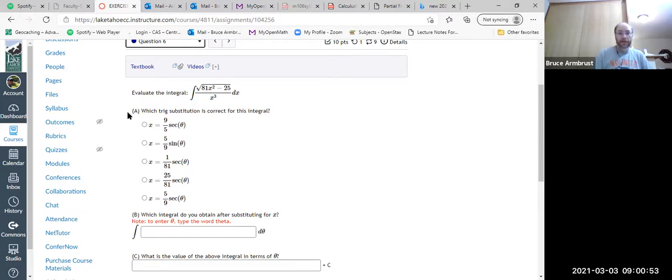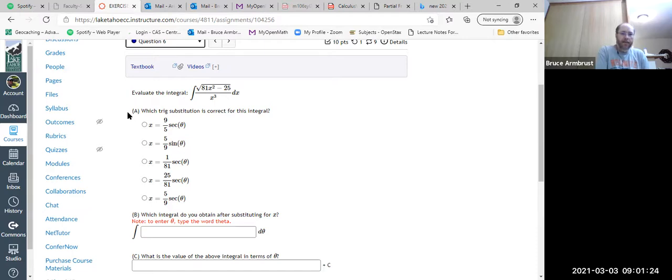We have a square root of a difference of squares. So that immediately keys us in. Then the question is, which trig sub do we use? Well, it's a difference of squares, so we know that's either sine or secant. Since the variable is positive, that tells us we want secant.